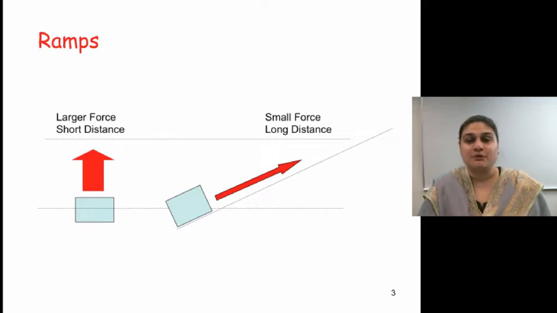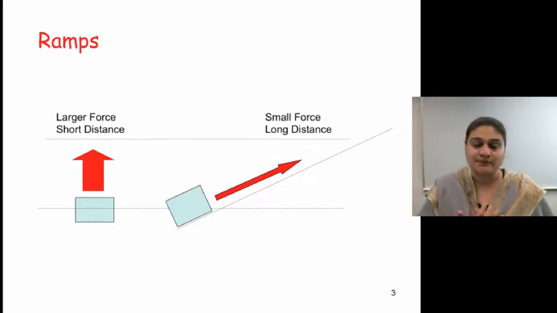So for example, if you wanted to lift one thing from one place to another, there are a couple of ways you can do that. For example, if I wanted to lift bricks from the first floor to the 20th floor during construction, there are two things I could do. I could lift them straight up, which requires a larger force but a shorter distance, and the time will also be shorter because the distance is shorter.